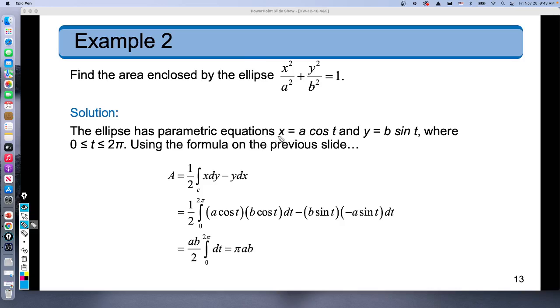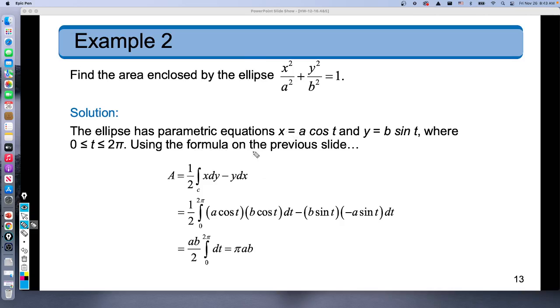We can use a parametric equation using our thoughts from polar coordinates, what we've done before, and then if we let t go from 0 to 2 pi, we go all the way around and we'll get the ellipse.